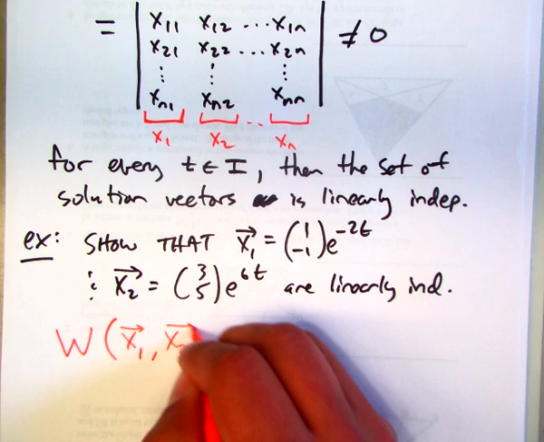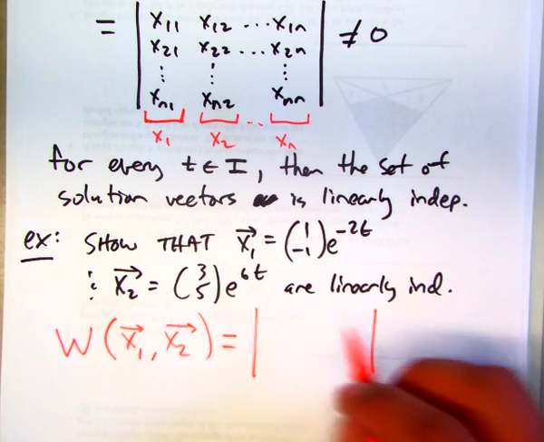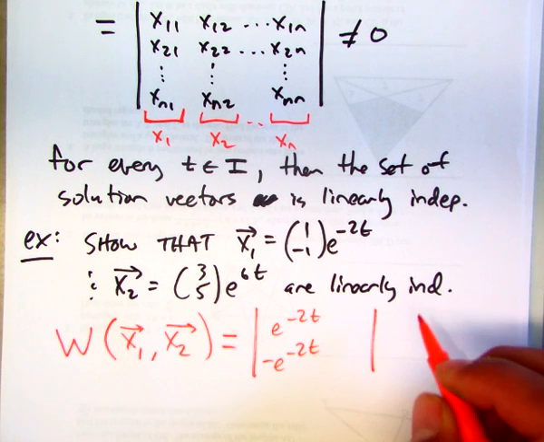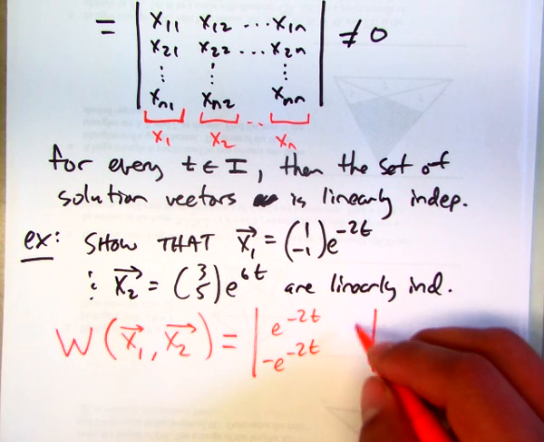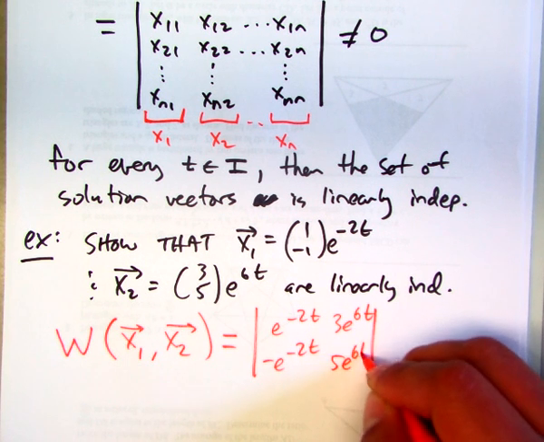Of the two solution vectors, which is the 2 by 2 determinant of e to the negative 2t, negative e to the negative 2t, and 3e to the 6t, 5e to the 6t.